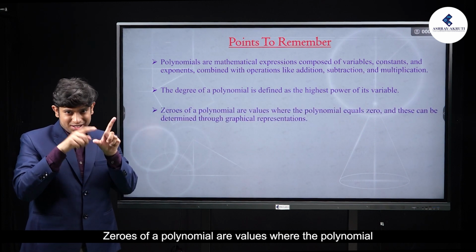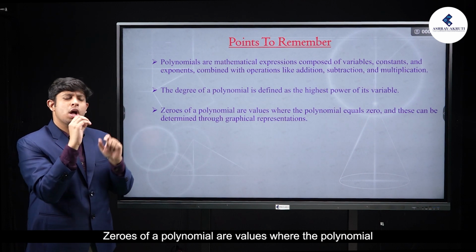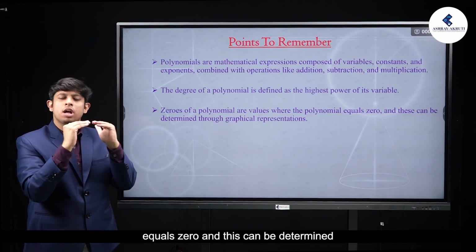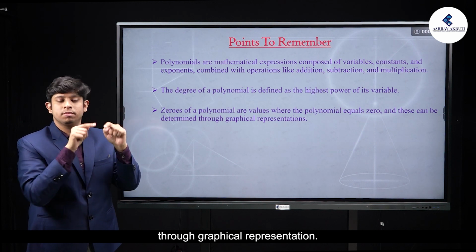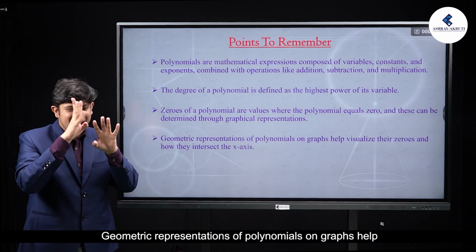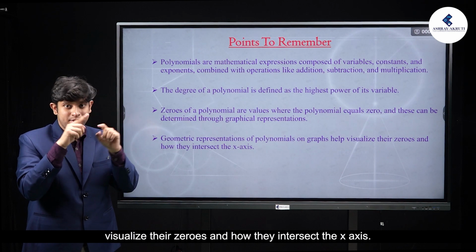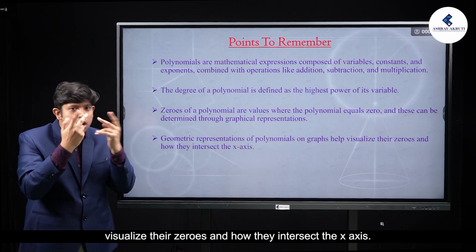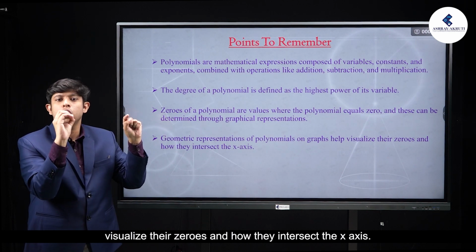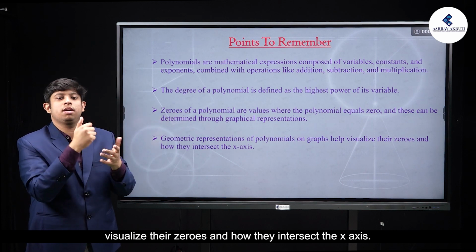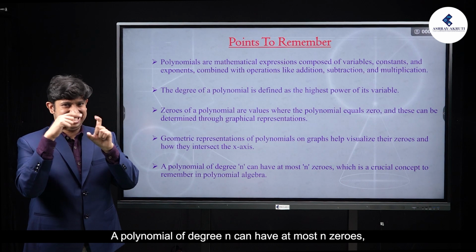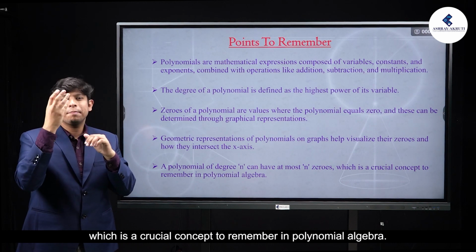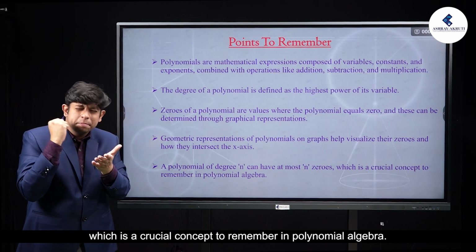Zeros of a polynomial are values where the polynomial equals 0, and these can be determined through graphical representation. Geometric representations of polynomials on graphs help visualize their zeros and how they intersect the x-axis. A polynomial of degree n can have at most n zeros, which is a crucial concept to remember in polynomial algebra.